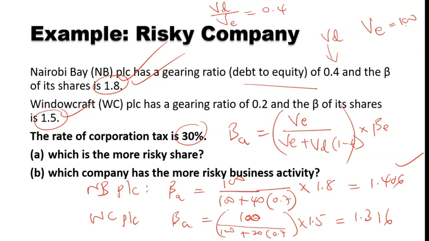Okay, now from this, we then have to go a step further in calculating a project-specific discount rate. Okay, so how do we do that? We then have to follow certain steps.